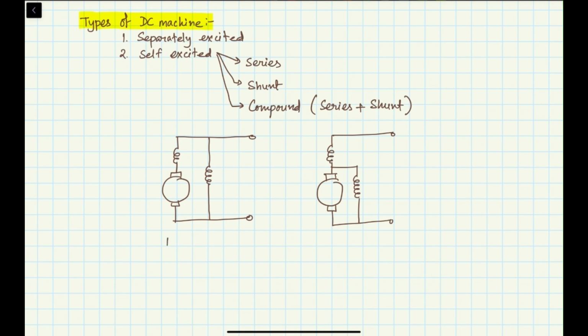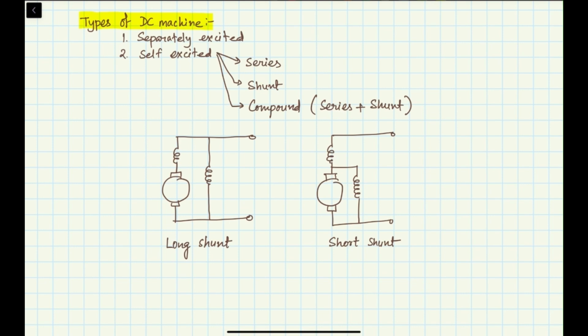In the first one we call it long shunt. You can see the shunt connection is covering a longer portion, where it is also covering the series winding and the armature, and in the short shunt it is just across the armature. Now I hope you understand the long shunt and short shunt types.